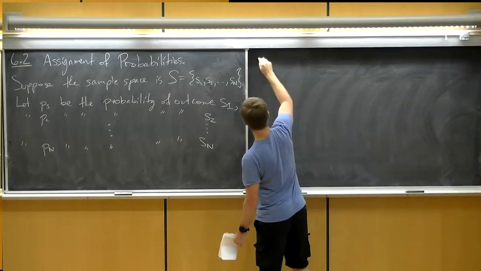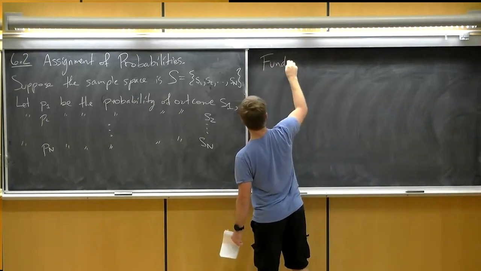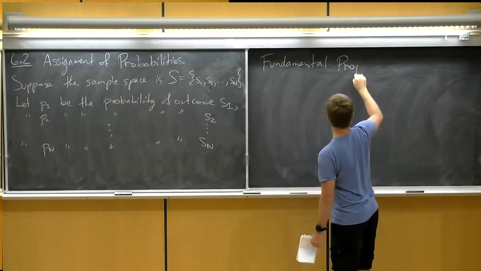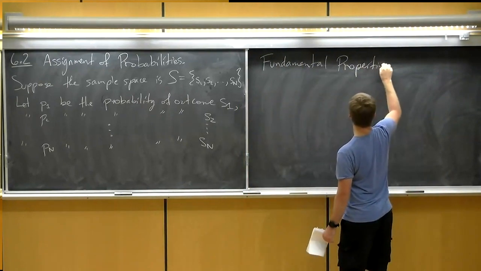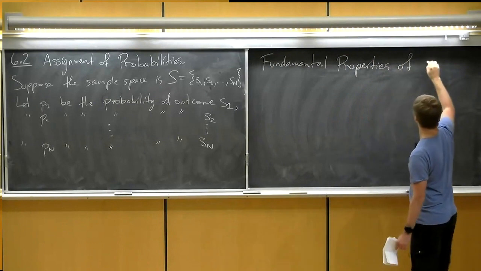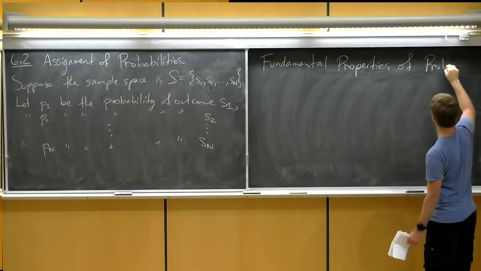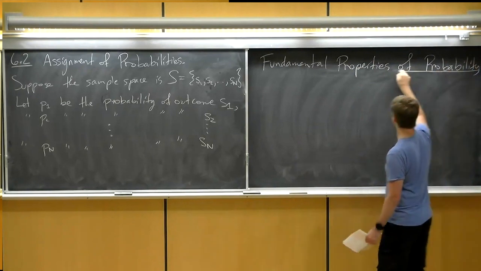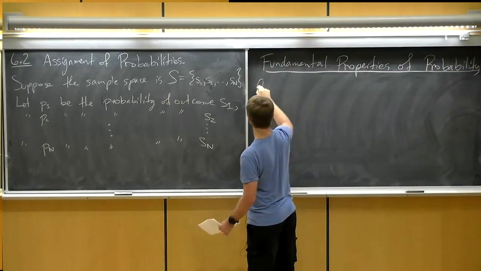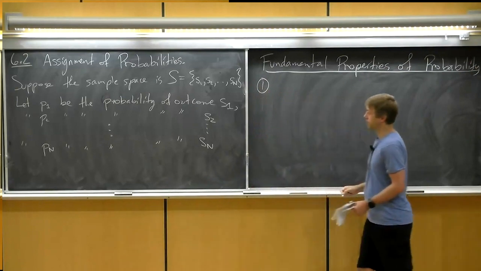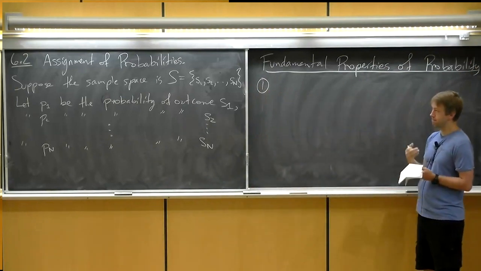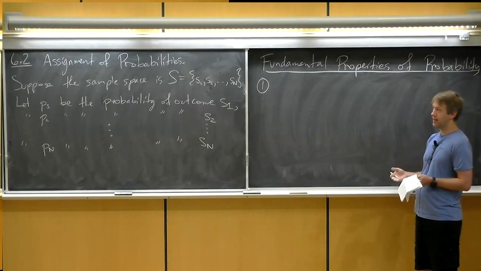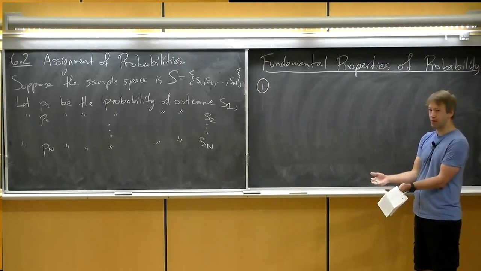These are two fundamental properties of probability. The first one is that for everything in your sample space, the probability of it has to be positive.